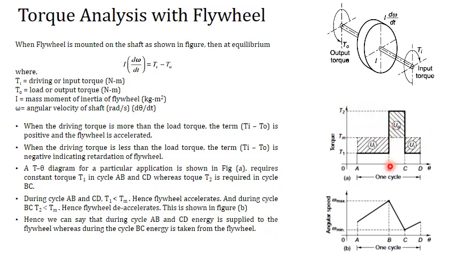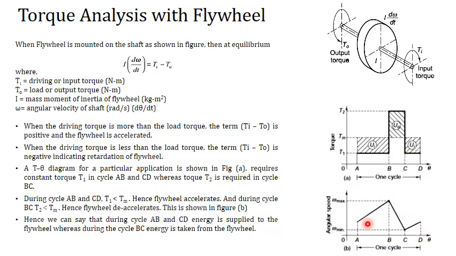So during the cycle period BC, the flywheel will decelerate. So in this way we can say that during the period of cycle AB and CD, the flywheel will accelerate, whereas during cycle BC, the flywheel will decelerate.